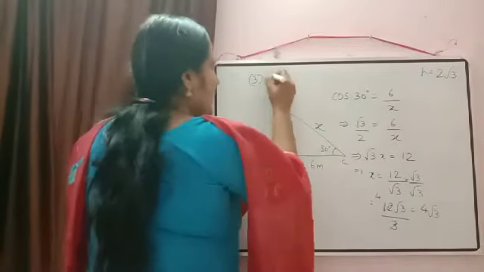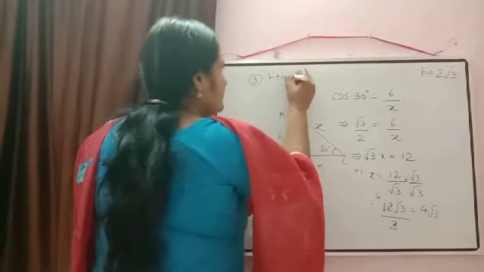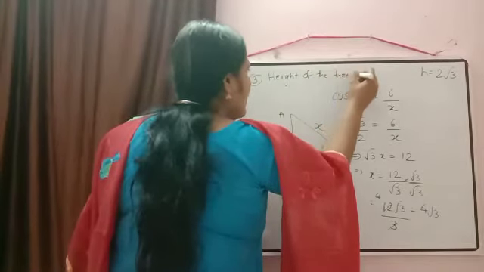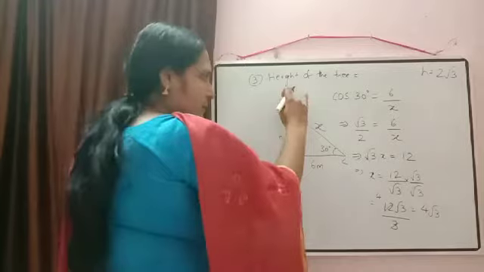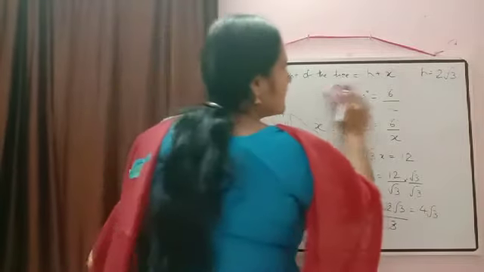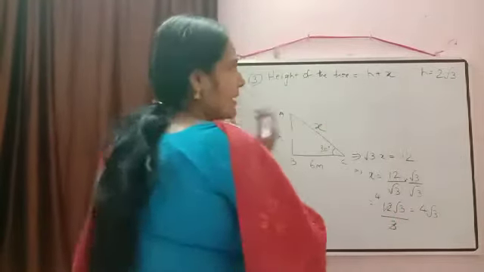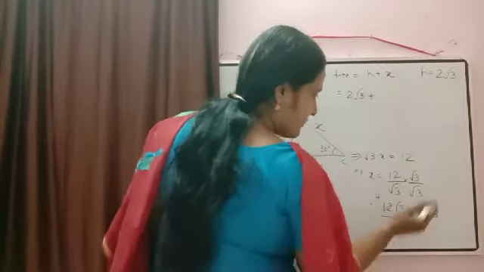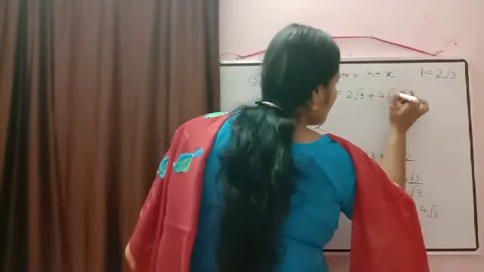Now write down there height of the tree. This is the remaining part and the top part is here. So height of the tree is h plus x. What is the value of h? H there 2 root 3. Plus value of x we got 4 root 3.